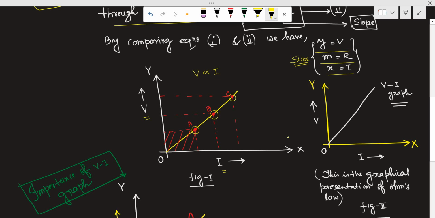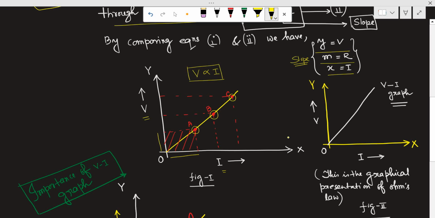In each case, we observe that it forms a square. What is the meaning of this? Along the x-axis, the increase in x and the increase in y are the same. When will it be the same? When V is proportional to I.